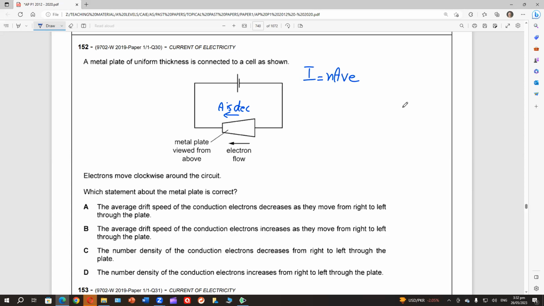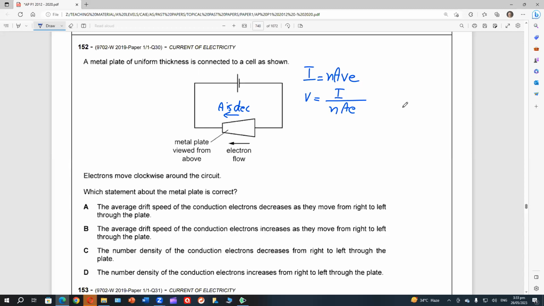This is the formula. Now current should remain constant because it is a series circuit. Will the answer be A, because the number density, I don't think, can change for the electrons.